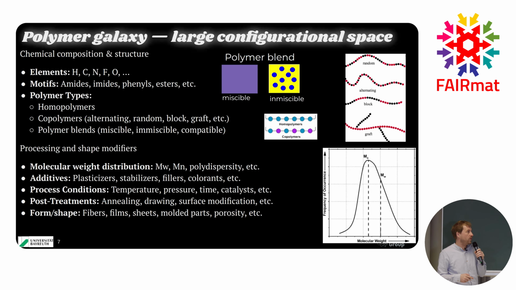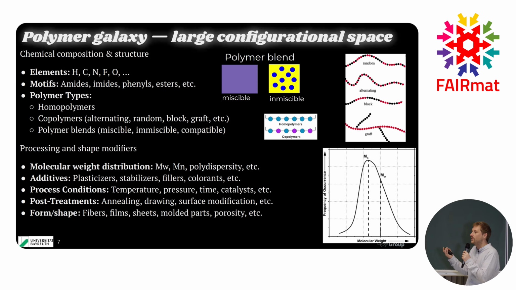And the copolymers can be connected in different ways. A homopolymer contains repeat units, and a copolymer contains two or more types of repeat units that are connected, for example, in a random fashion, alternating fashion, block fashion, or grafting fashion, and so on.